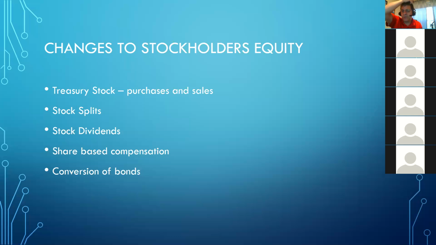So if I loan them $10,000, then when they convert it to stock, their journal entry is going to be a debit to the bond payable, that liability, and a credit to common stock or additional paid-in capital for $10,000. Same amount.